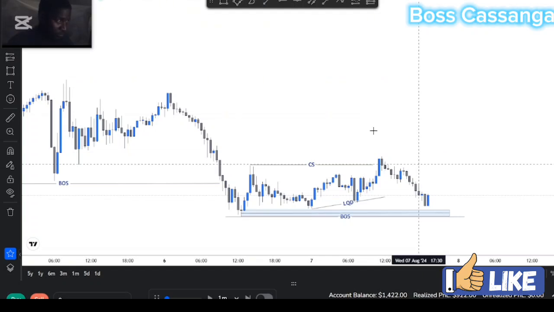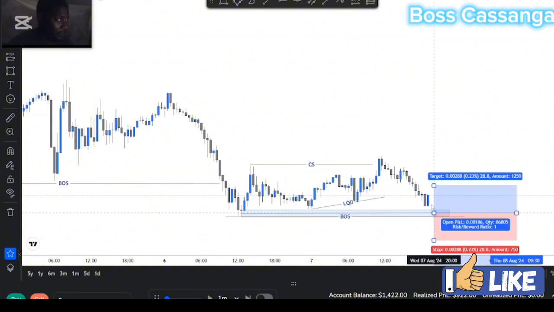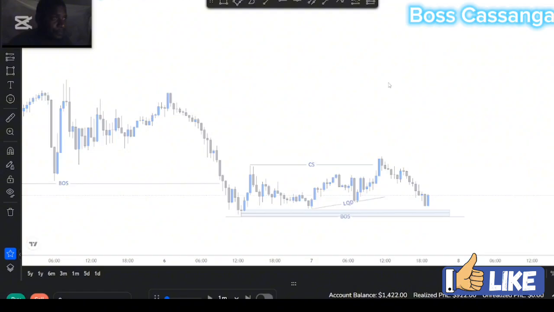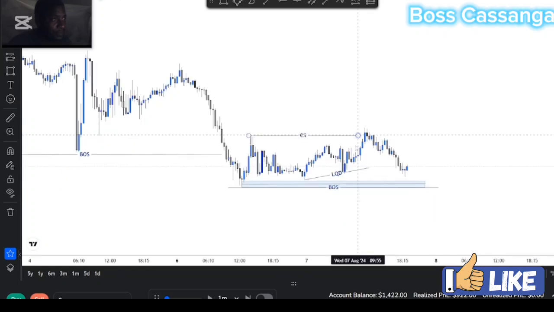Okay, now if the market comes and drags down here, I'll take a buy to this zone, but I don't take my buys on the 30 minute. I'll go to the 25 minute and see what's happening also here. On the 25 minute, we did break this structure, hoping that this will be a change of structure, hoping that the market just goes up.